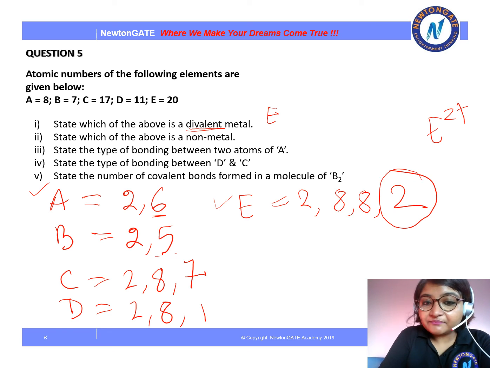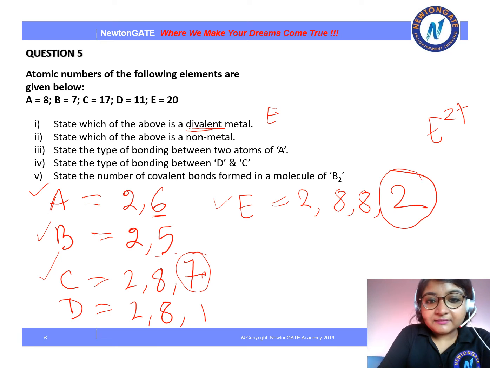It will gain 3 electrons in order to complete its octet. C is 2, 8, 7. The valence electron is 7, so it will gain 1 electron to complete its octet. That means A, B and C, all of these are non-metals.